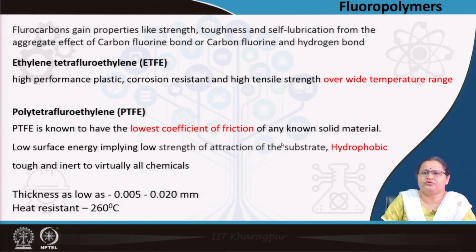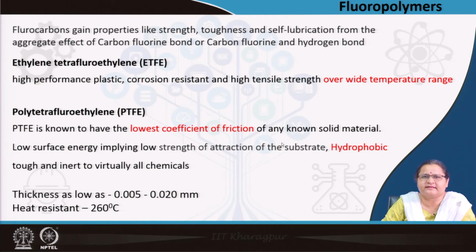Now we come to the fluoropolymers. These are fluorocarbons which gain properties of strength, toughness, self-lubrication from the aggregate effect of the carbon-fluorine bond or carbon-fluorine-hydrogen bond, whatever the case may be.